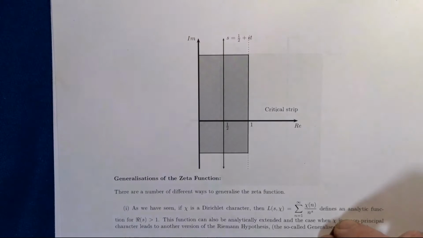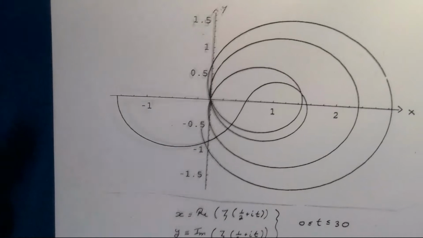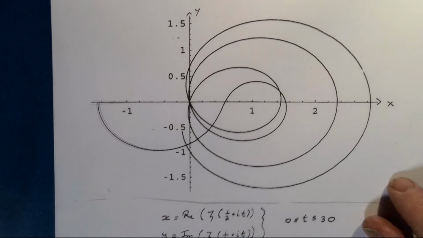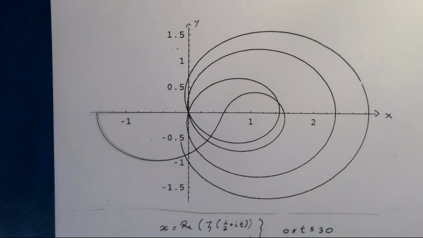Before we start looking at the number of zeros in the critical strip, just to come back and have a look at a little picture here. I took the real and imaginary parts of zeta of a half plus it, so that is the value of zeta on the line s is a half plus it. x is the real part, y is the imaginary part, and I plotted them. Here I just let t go from 0 to 30.